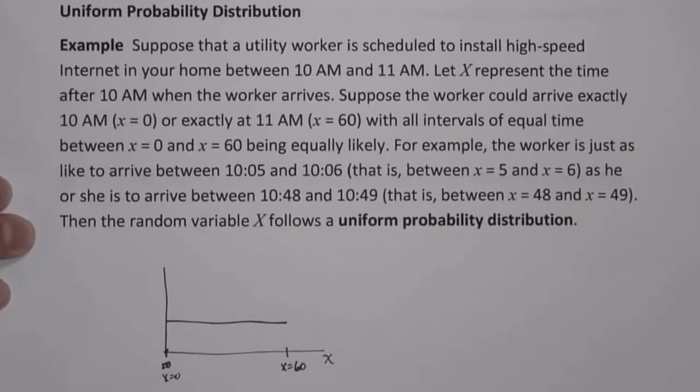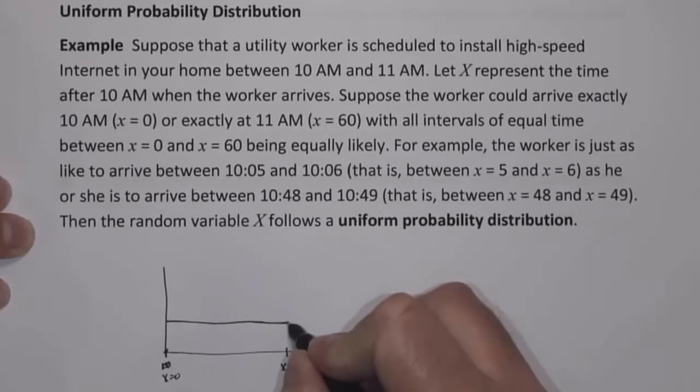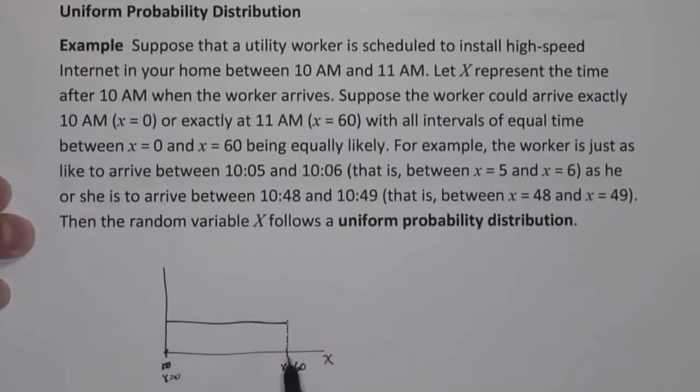Now, our requirement, again, was two things. One, the total area underneath the graph has to equal 1, and two, the height of the graph has to always be above the x-axis. And so we meet both of those conditions, and so this graph ends over here at x equals 60.